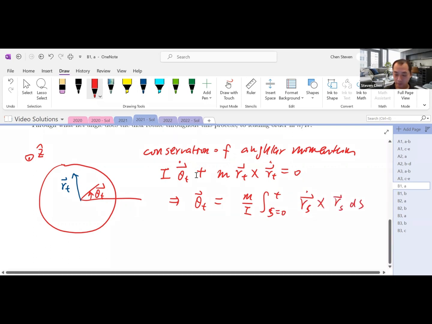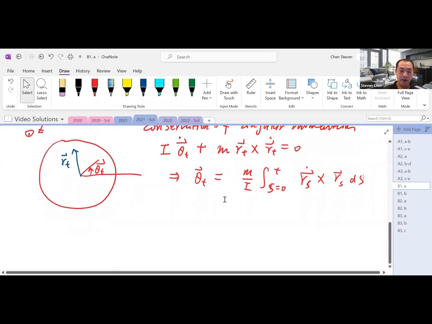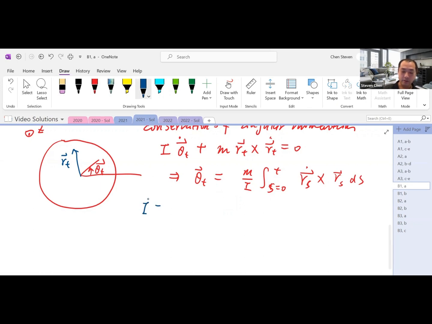All right. And for the disk, because its mass is uniformly distributed on it, and we know its radius is capital R, we can easily compute its moment of inertia. It is simply equal to a half of its mass times R squared.